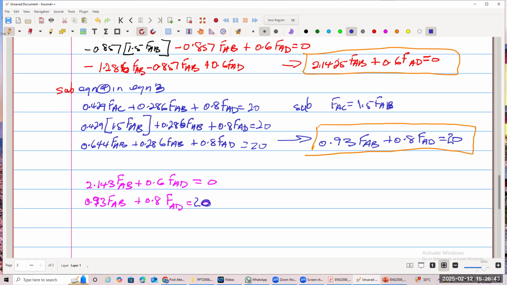It's easy to forget that 20, you know. Anybody have any suggestion? It's a simultaneous equation. Tell me the solution for this.